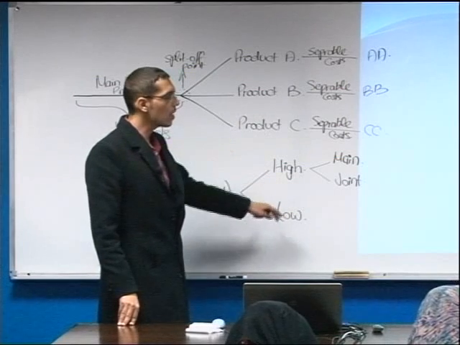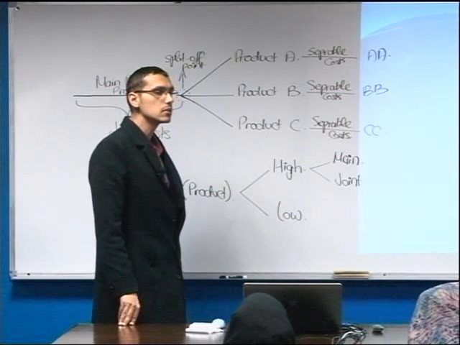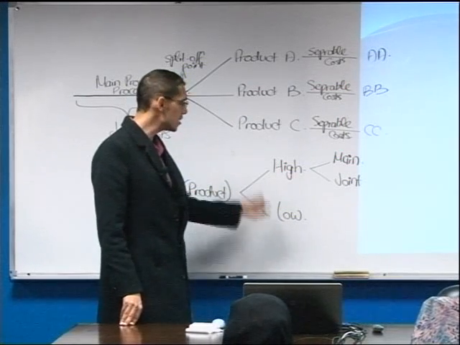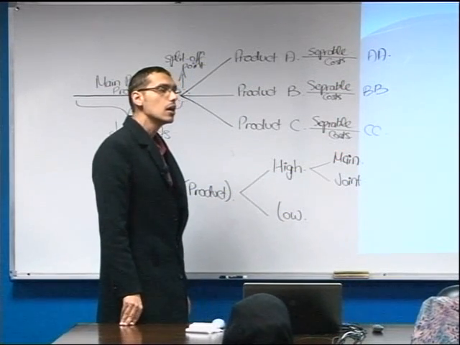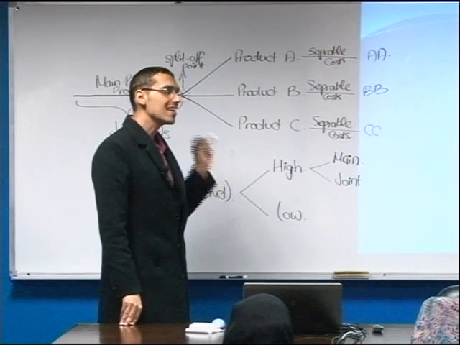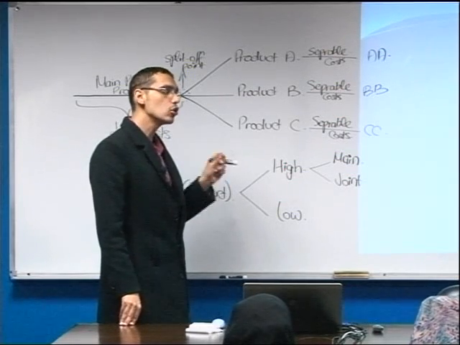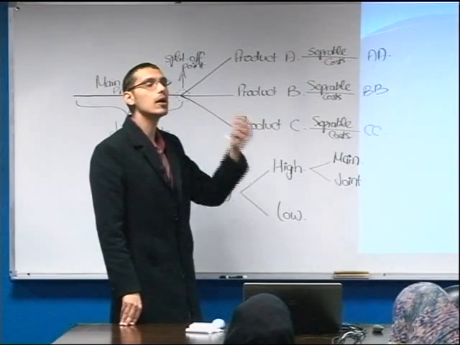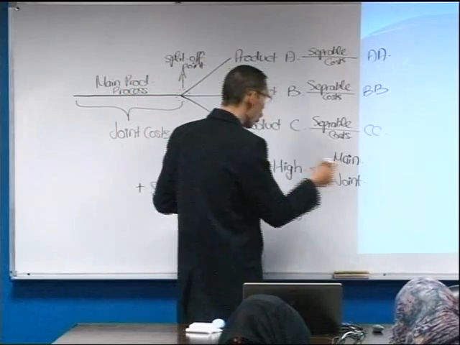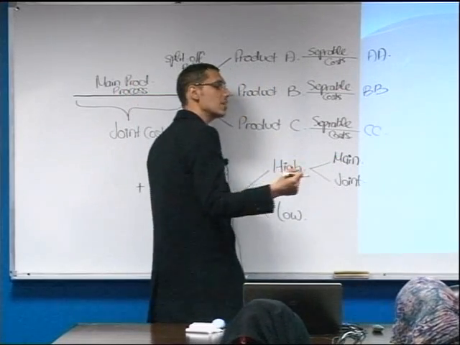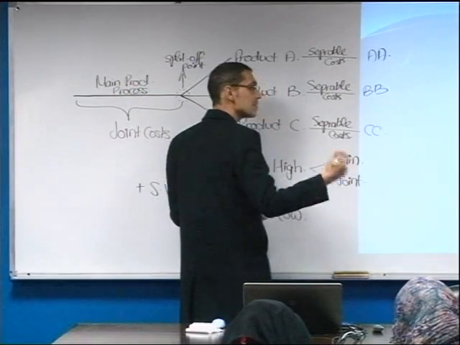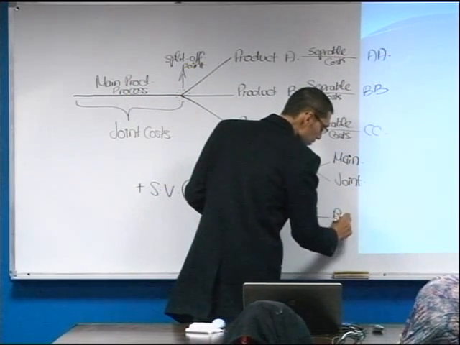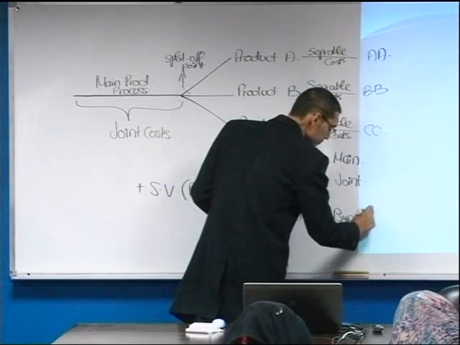Now let us take the other side of the positive sales value, which is the low sales value. Any product that has a low sales value, whether it is 1, 2, 4, 5, is called a byproduct. Therefore, low positive sales value products are always called byproducts.